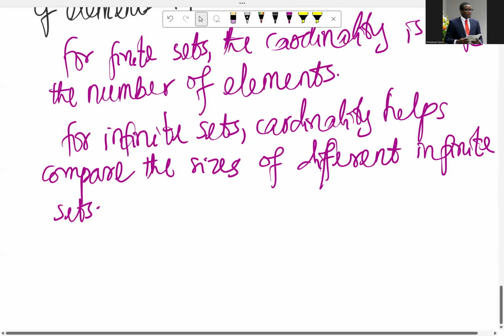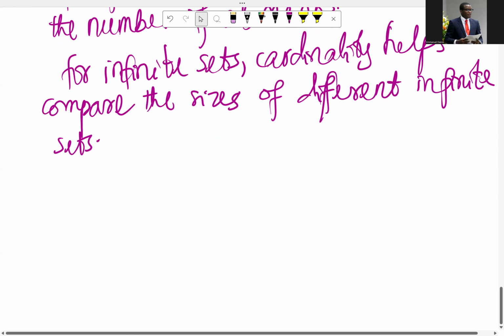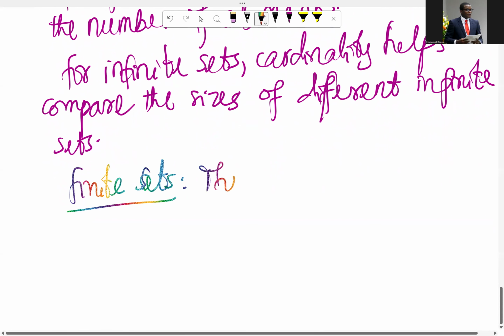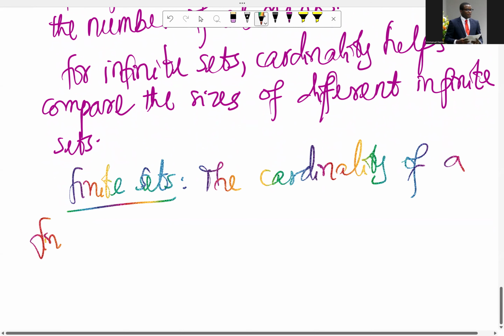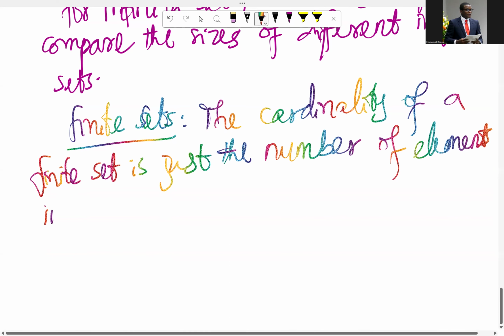Now, we have some groupings, right? You can talk about finite sets, for instance. The cardinality of a finite set is just the number of elements in the set.